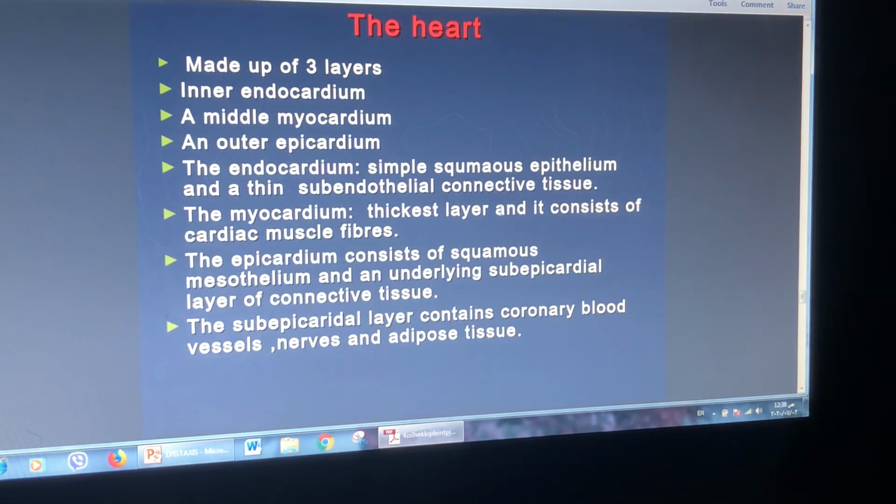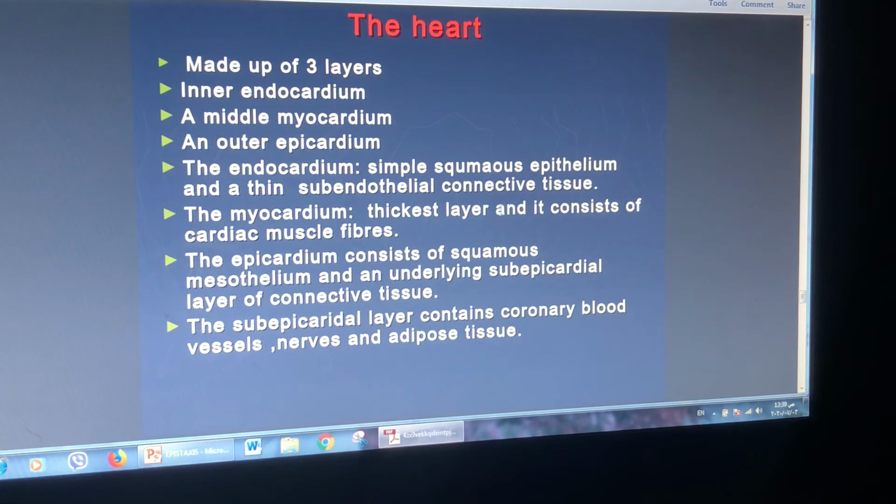Now, the heart. The wall of the heart is made up of three layers: the inner endocardium, a middle myocardium, and the outer epicardium. The endocardium is simple squamous epithelium with a thin subendothelial connective tissue.